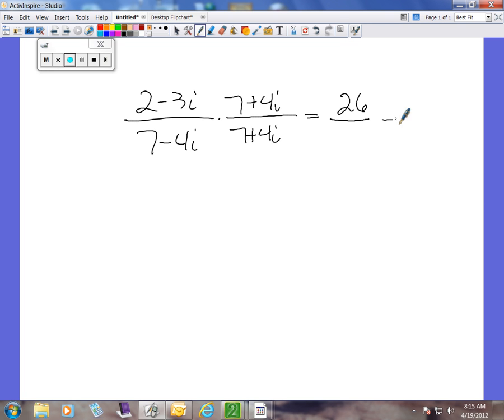So that's going to be a minus. Now all I need to do is figure out my denominator. a squared minus this squared would be a negative 16, wouldn't it? So when you add these, what do we get? And there's your a plus bi form.